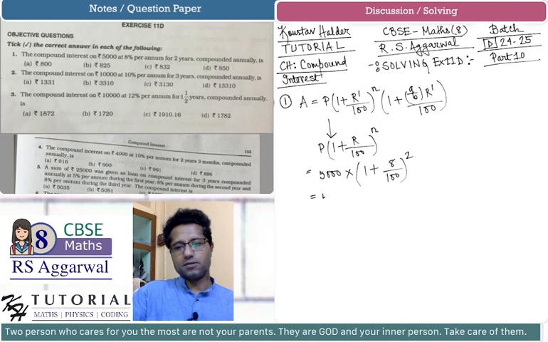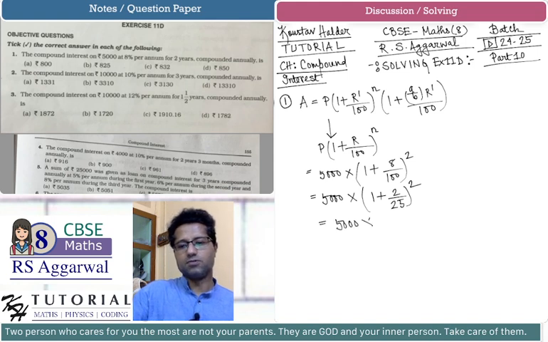So this is 5,000 multiplied by 1 plus 8 by 100, which is 2 by 25, so 27 by 25 whole square.